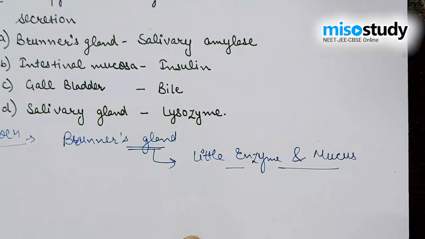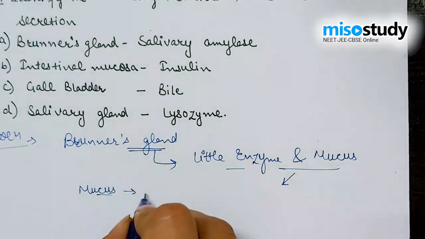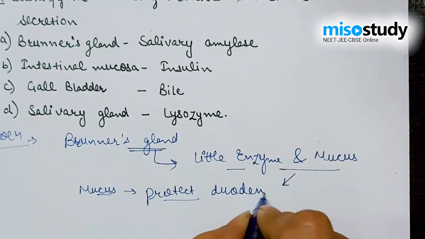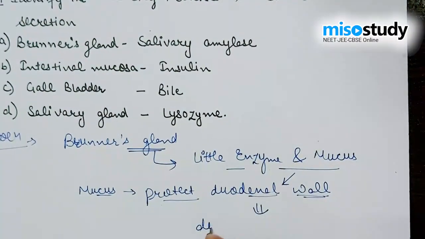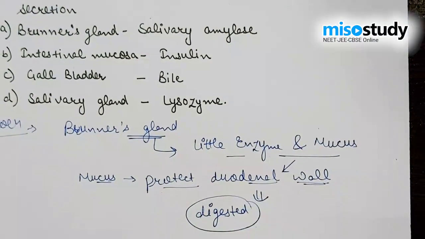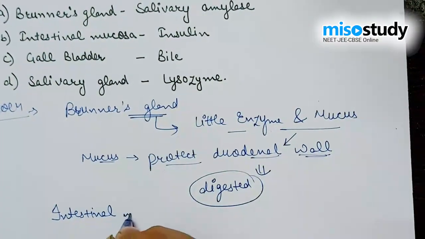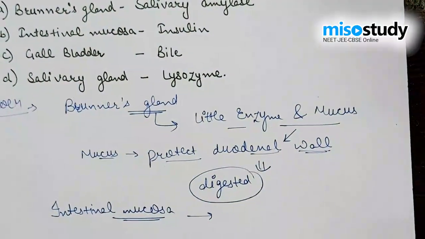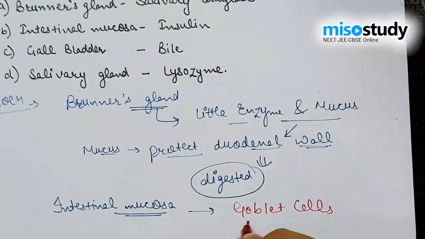This mucus helps to protect the duodenal wall from getting digested. Intestinal mucosa has peculiar types of cells, also known as goblet cells.